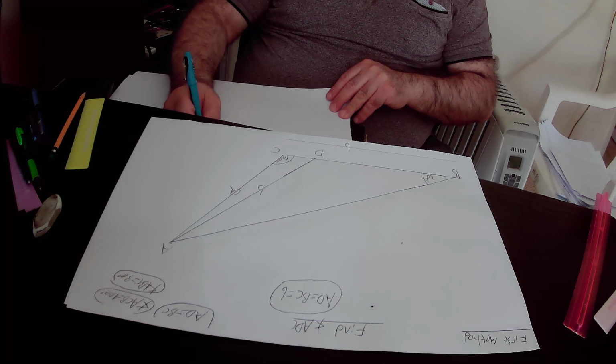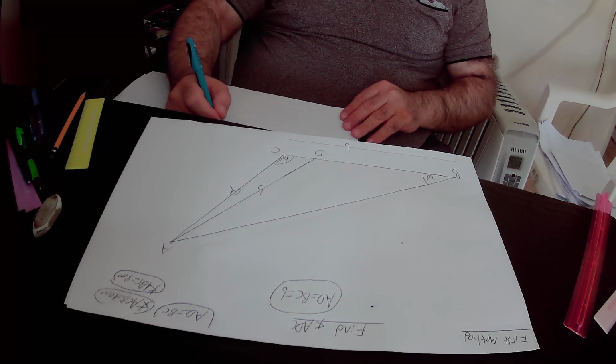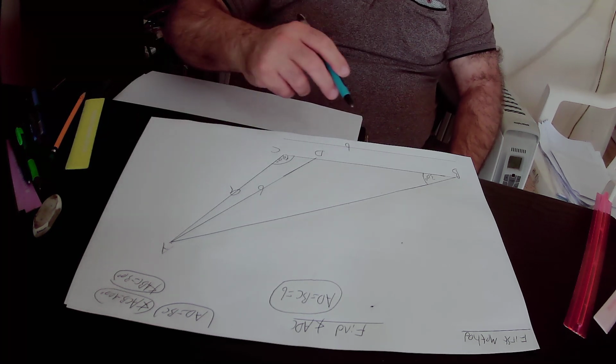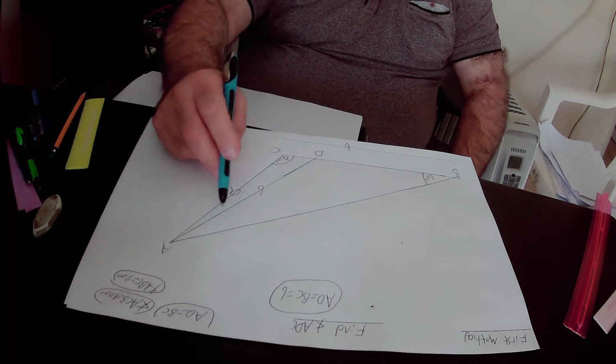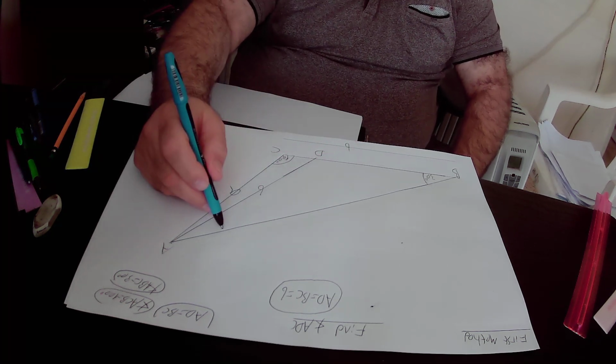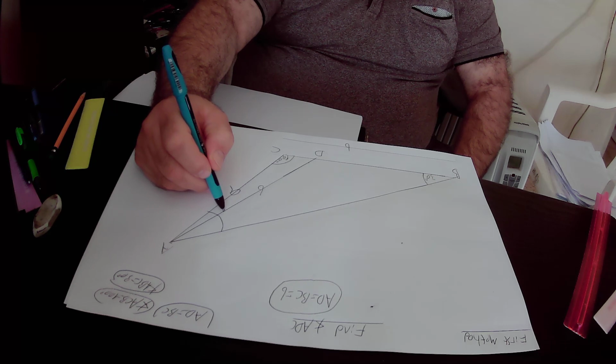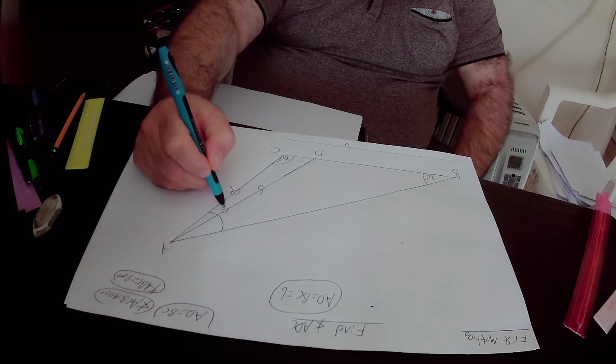But first of all, we have already found that angle BAC equals 50 degrees.